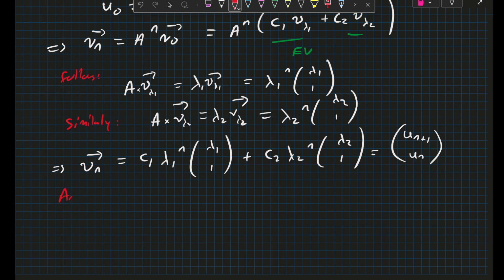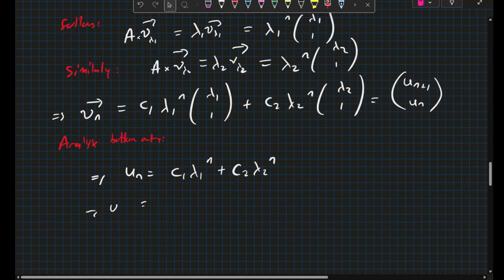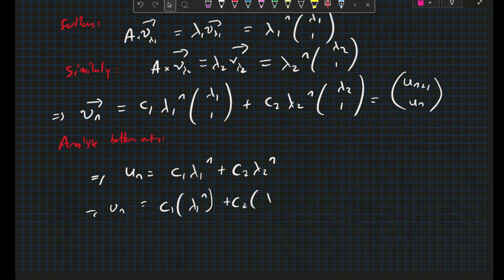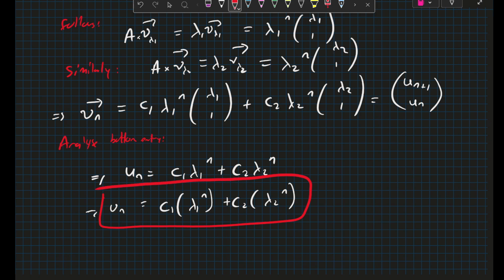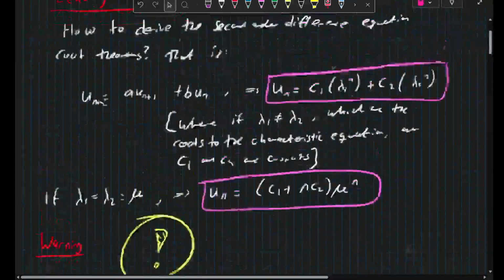So if we just analyze the bottom entry, which are the ones with un, then un is equal to c1 lambda 1 to the n plus c2 lambda 2 to the n, which is the result from up here, all the way back up there.